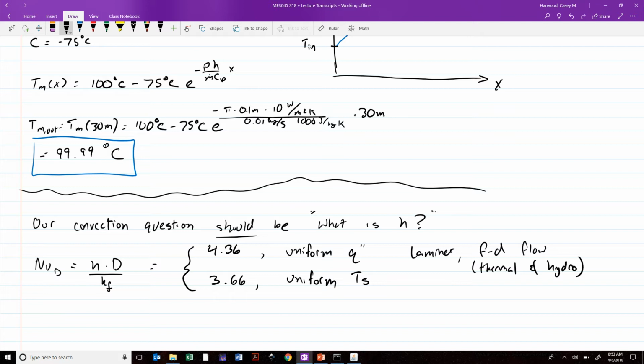In the back of this chapter, which, similar to 7.7 in the last chapter, lists pretty much everything we're going to need to know for the purposes of this course. So we've got f, friction factors, if we're trying to deal with pressure drop, which is not going to be a focus of this class. More important, we've got Nusselt numbers, both local and averaged Nusselt numbers based on diameter for laminar fully developed flows, for laminar flows where there's a thermal entrance length, and for turbulent fully developed flow, for a couple of different cases.